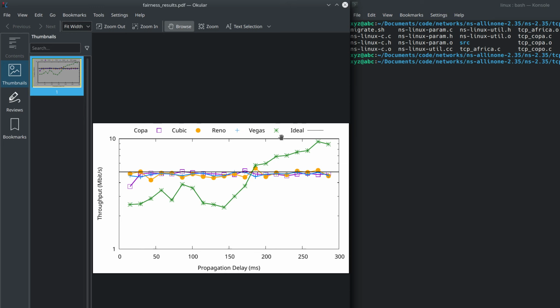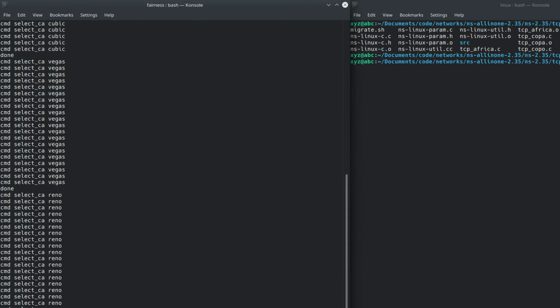In this case, we can see that Vegas is not doing that well in this experiment. So the data points are from flows that were coming from links with a different amount of delay, between 15 milliseconds and 300 milliseconds. Okay, so this was the second experiment.